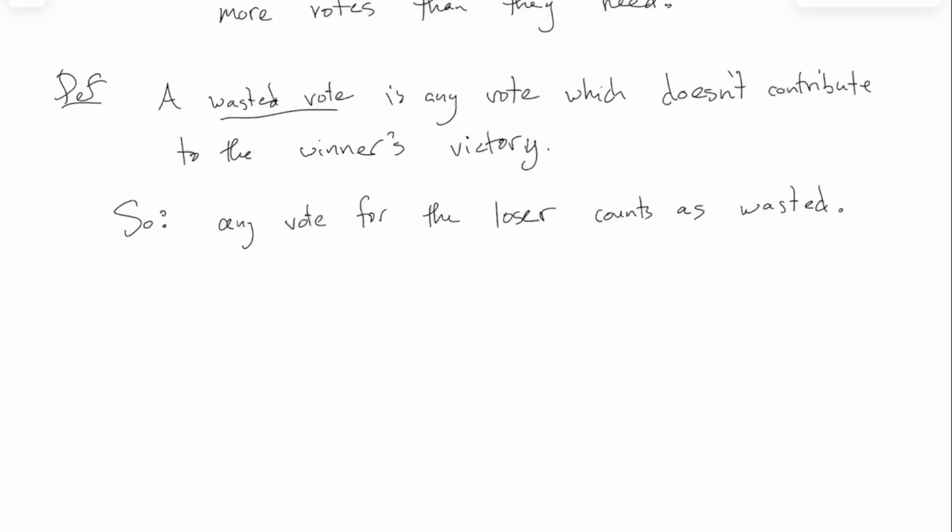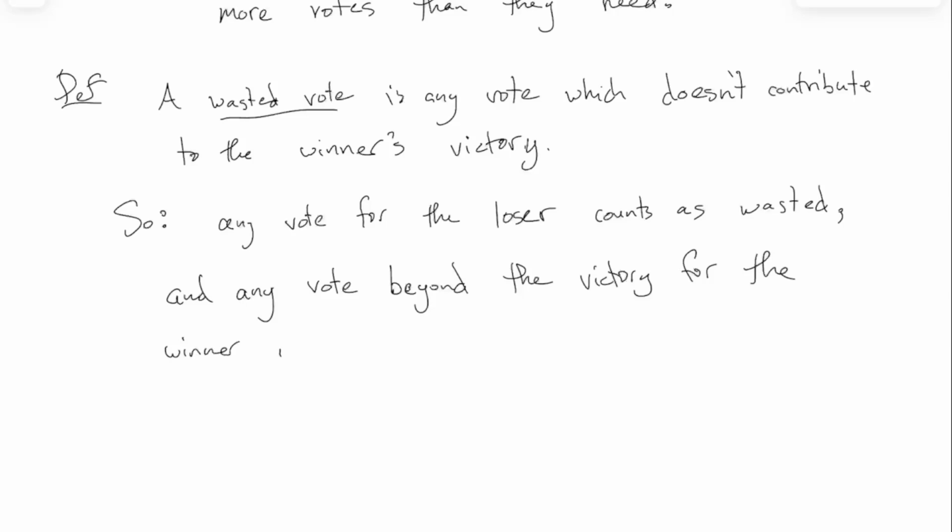And any vote for the loser counts as wasted, and any vote beyond the victory for the winner is also wasted. Right? The winner needs a certain amount of votes to win, but if they get any extras, those votes also count as wasted because those extra ones weren't actually necessary for the winner to win their election.